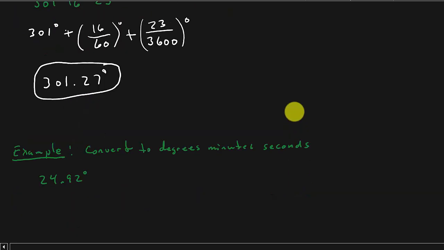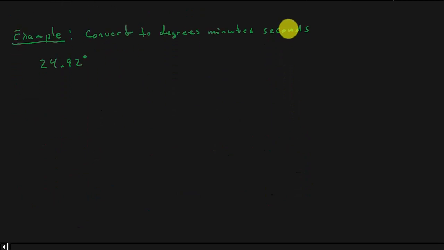All right. Now we have an angle measure in decimals, and we want to convert it to degrees, minutes, and seconds. So we have 24 degrees, and what we do is we take this 0.92 and multiply it by 60. That's going to put it in minutes.